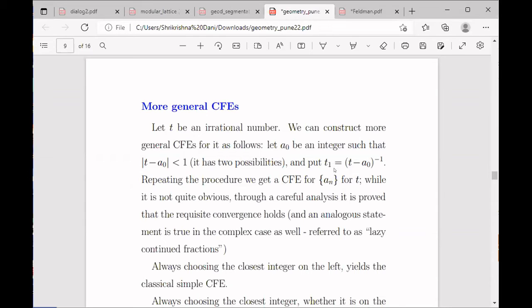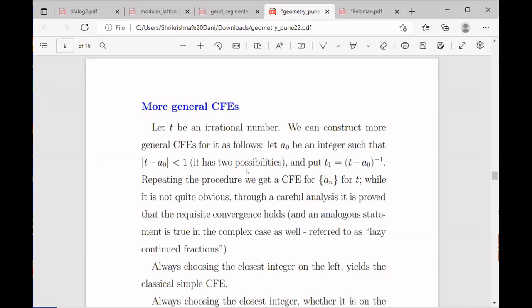This is not the most general, but this is the step I want to emphasize. Let's think only of irrational numbers, just for simplicity. One can do the same thing for rational numbers and see where you have to stop, but let's restrict to irrational numbers.